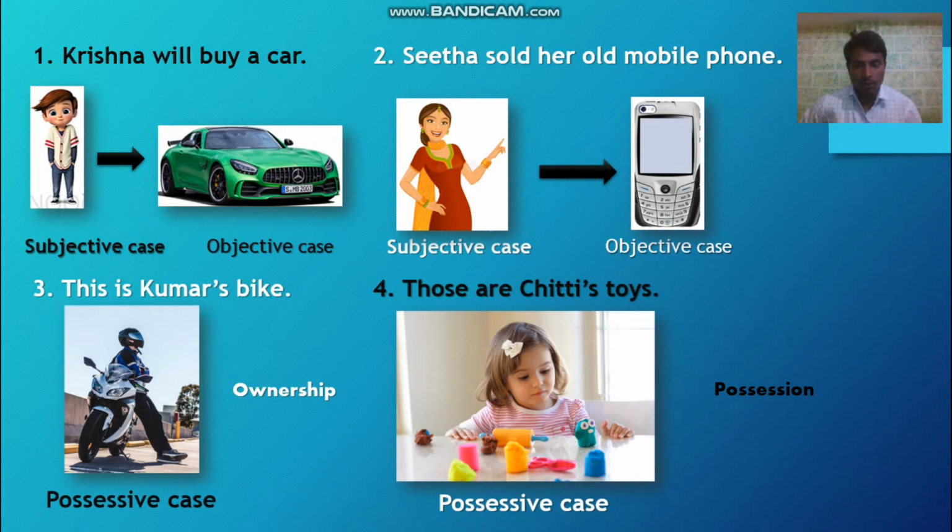So for subjective case we ask with who, for objective case what, and for possessive case whose. We need to question with those words to get these cases. So let us move on to these cases one after another in more detail.